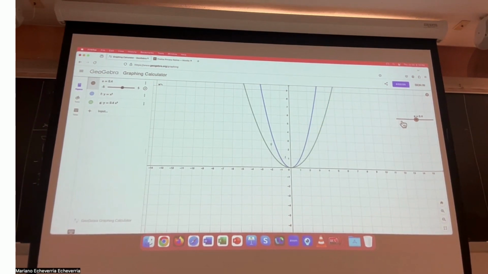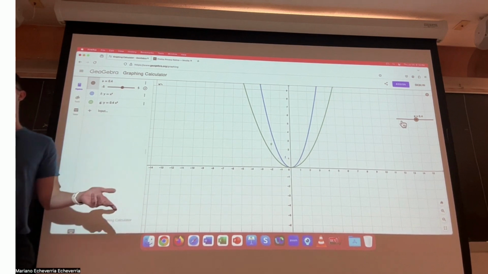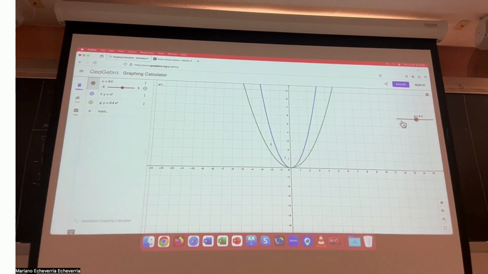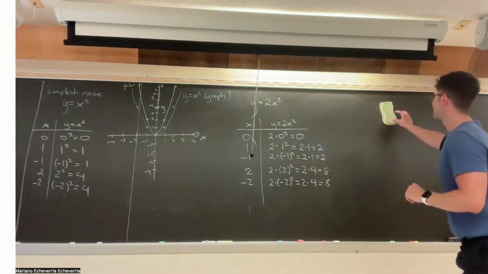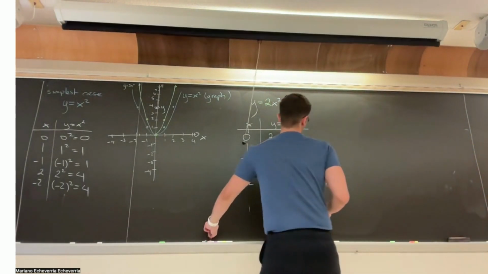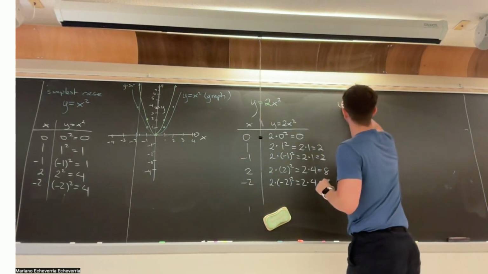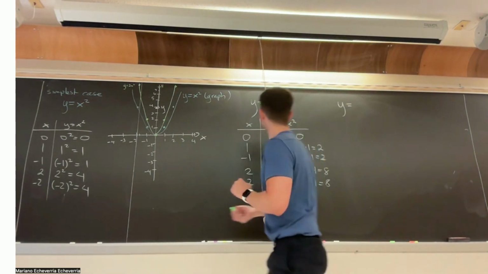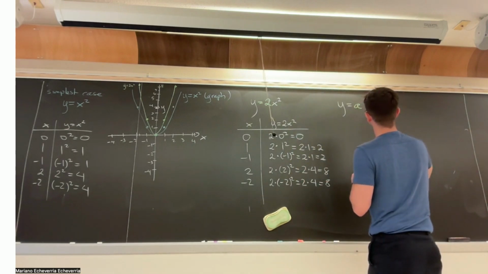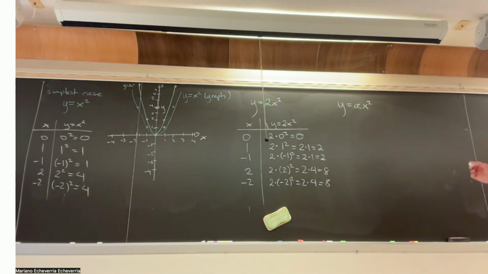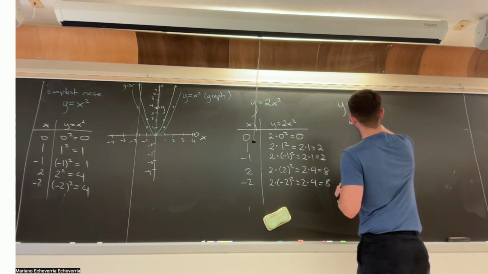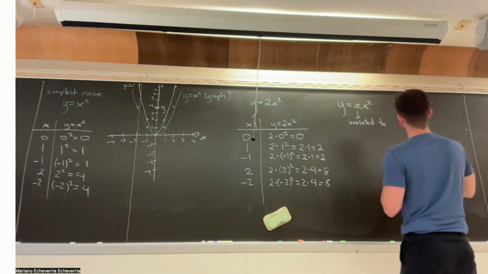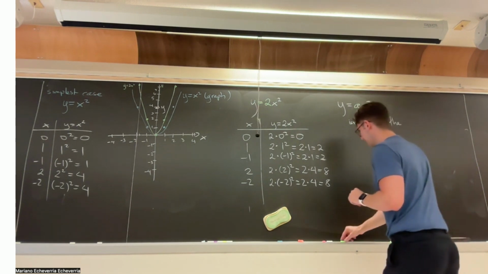So basically, a controls what you refer to as the concavity of the parabola. So let me just write that down. What is occurring is that this number a is related to the concavity of the parabola.